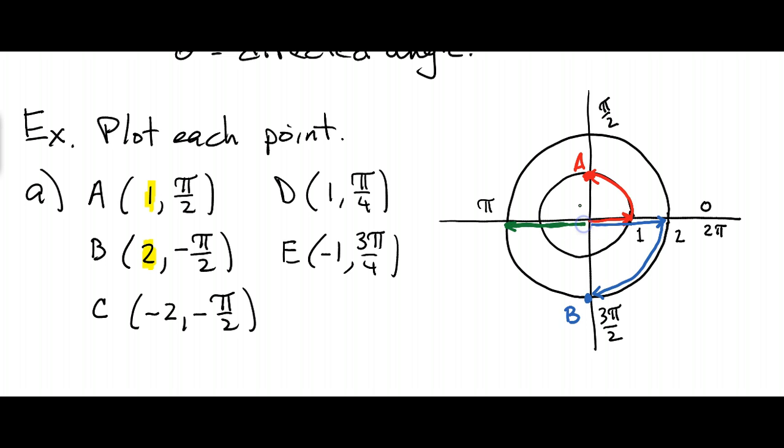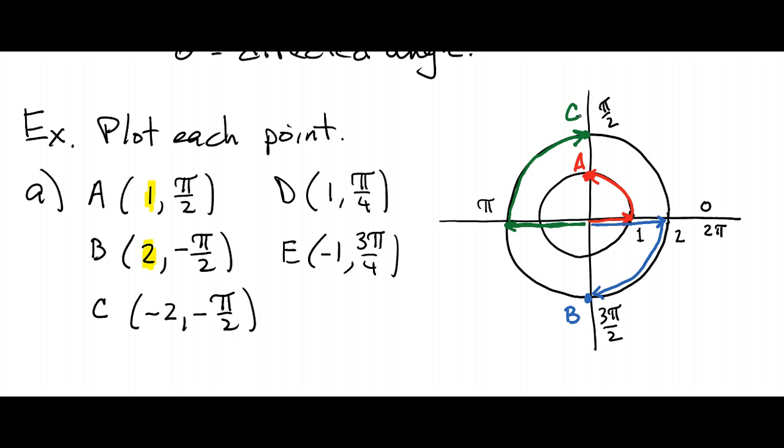I know that's clockwise, so I'm going to rotate up in this case, clockwise, 90 degrees, pi over 2. That's going to put me right over there, and that's going to be point C.